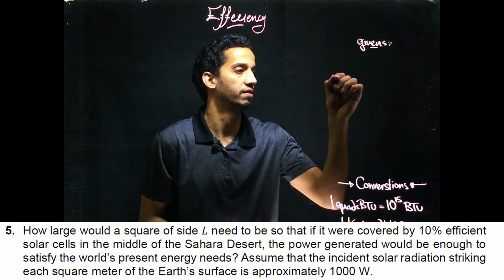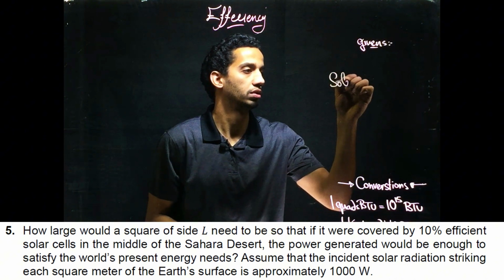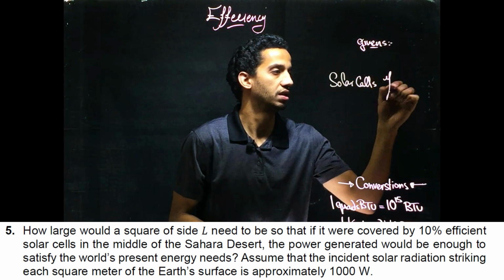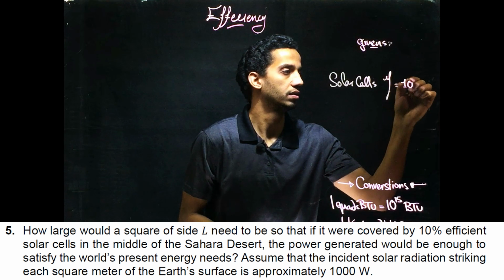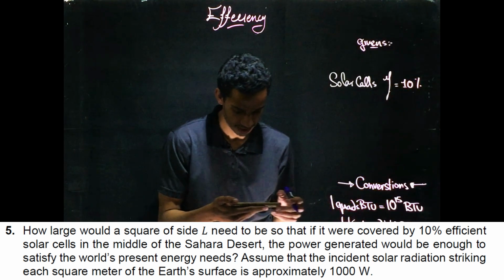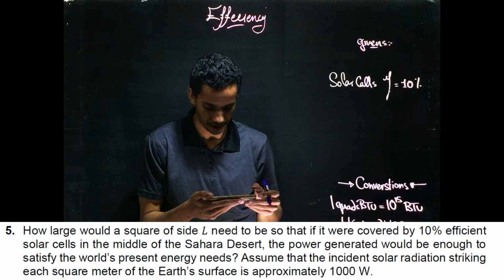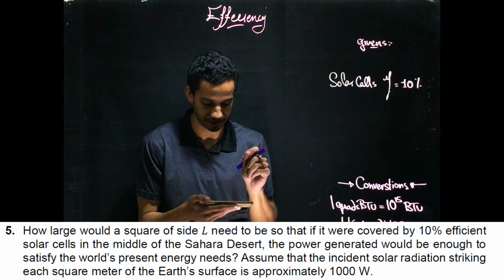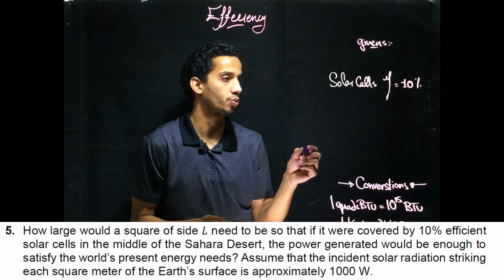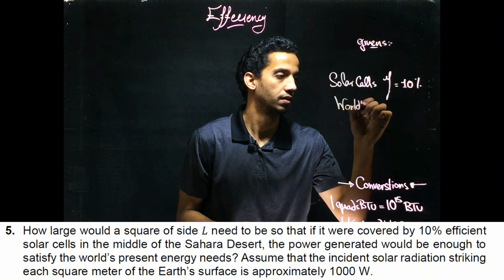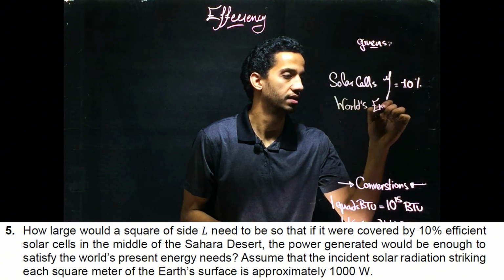So our given is solar cells with efficiency 10%. In the Sahara Desert, the power generated would be enough to satisfy the world's present energy needs. So we have the world's energy needs.